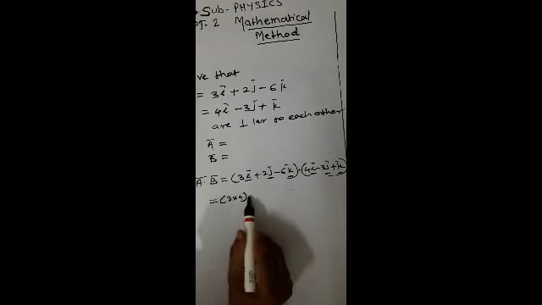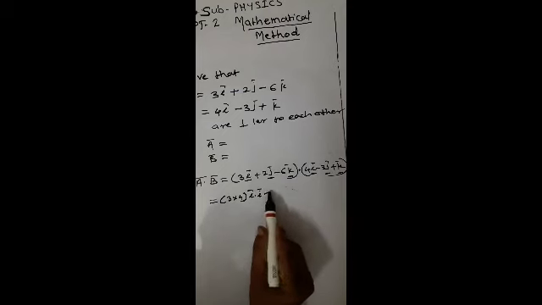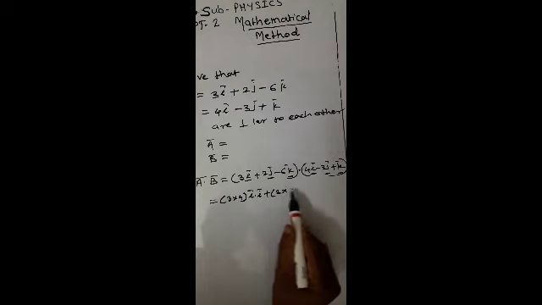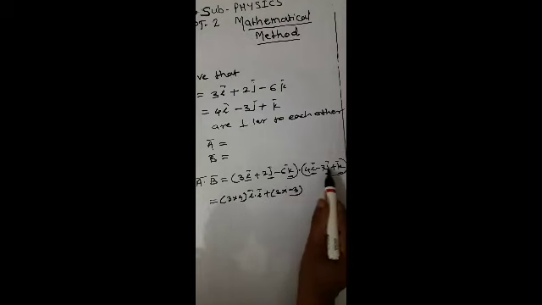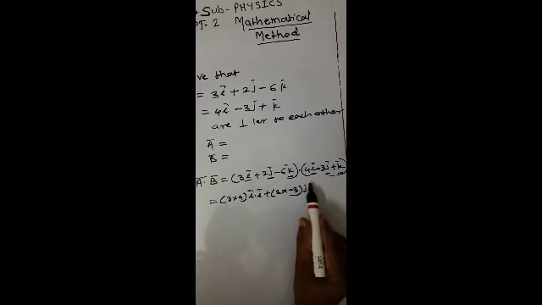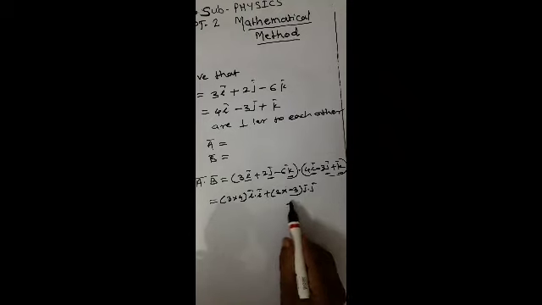How can it be solved? First we multiply the coefficients of i: 3 into 4 into i dot i, plus the coefficient of j, 2 into minus 3, with sign, minus 3 into j dot j, plus the coefficient of k, minus 6 into 1 into k dot k.